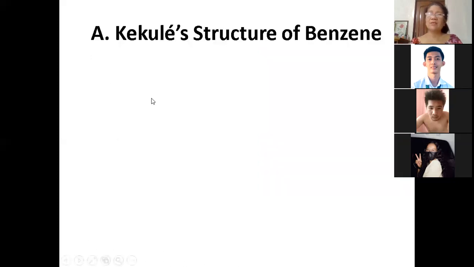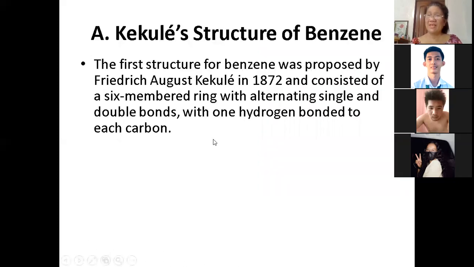It was the Kekulé structure that was accepted. The first structure of benzene was proposed by August Kekulé. It consists of a 6-member ring with alternating single and double bonds. In a benzene ring, it has 3 double bonds.